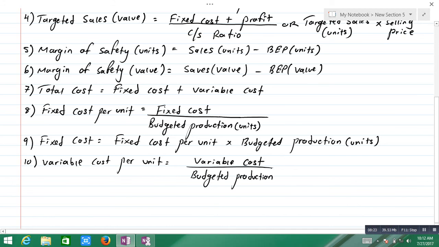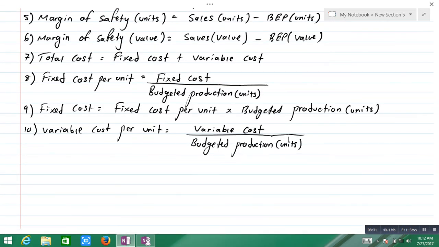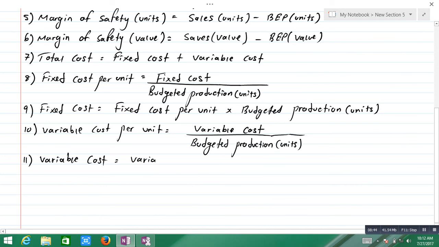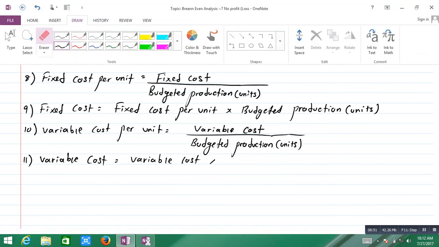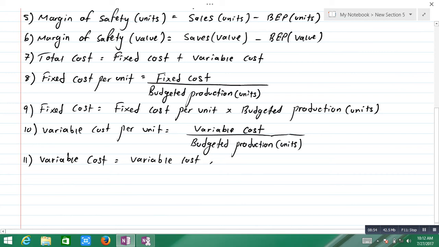Number eleven, variable cost is variable cost per unit times budgeted production units.